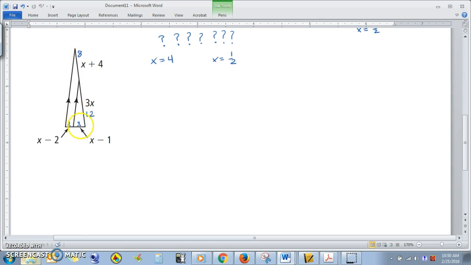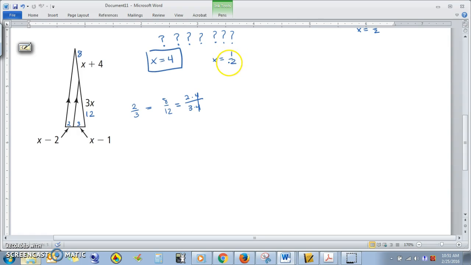So if these proportions work, then we're good. So does 2 over 3 equal 8 over 12? And the answer is yes, because 8 is 2 times 4, and 12 is 3 times 4. 4 divided by 4 is 1, so you can see that it reduces to 2/3. So x equals 4 works.